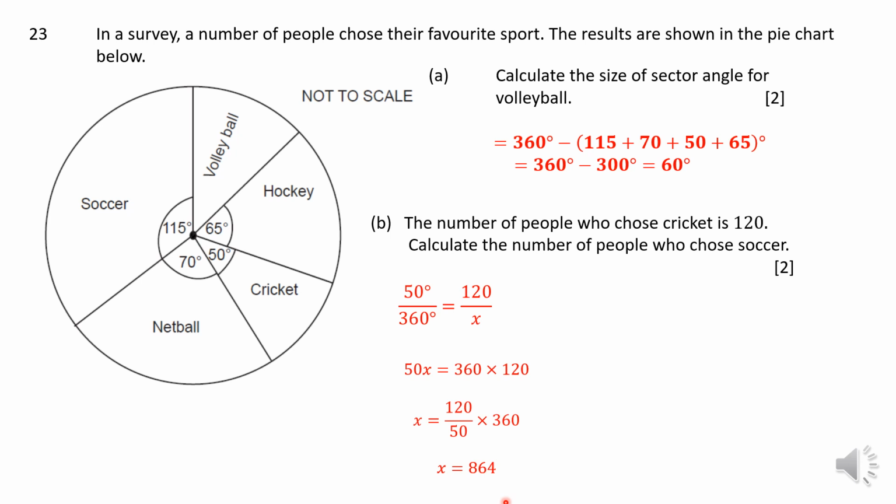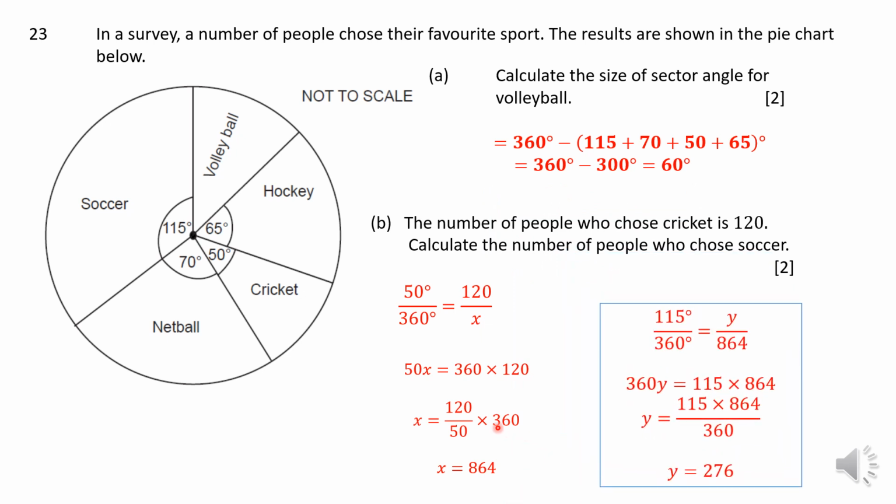So now I know 684 of them took part, and I can find the ones for soccer by simply going to the sector for soccer, which is 115, and I put that over 360 degrees, and I say let that be equal to some number over the total number of people who took part in the whole survey. So you end up with 276 people who chose soccer as their favorite sport.